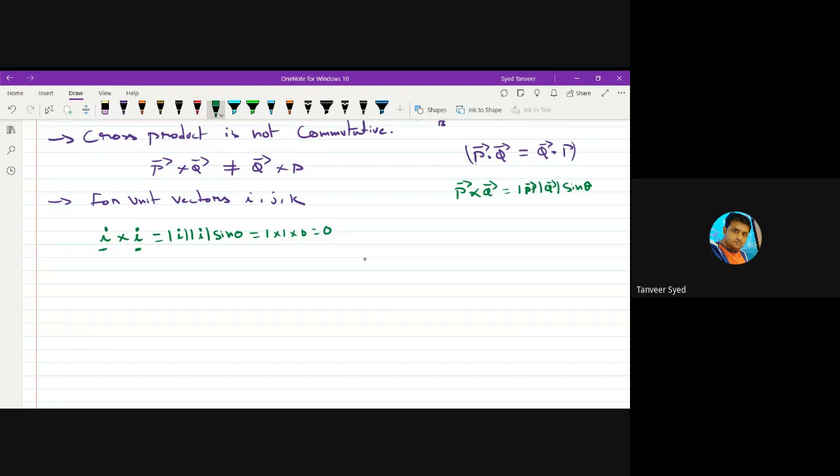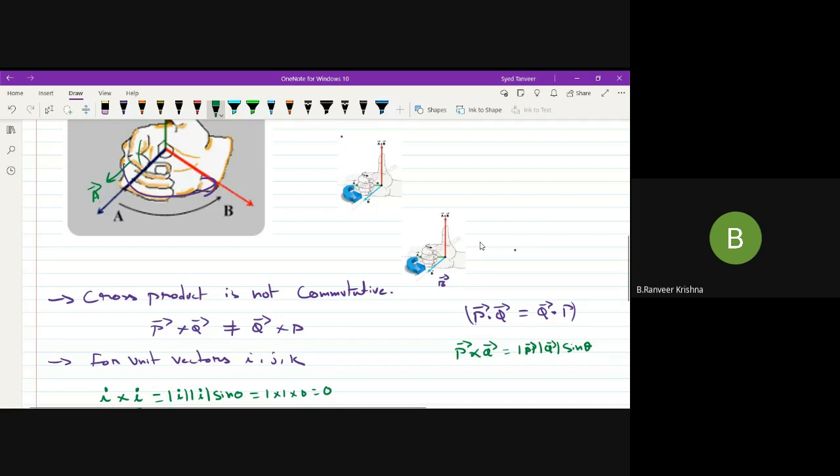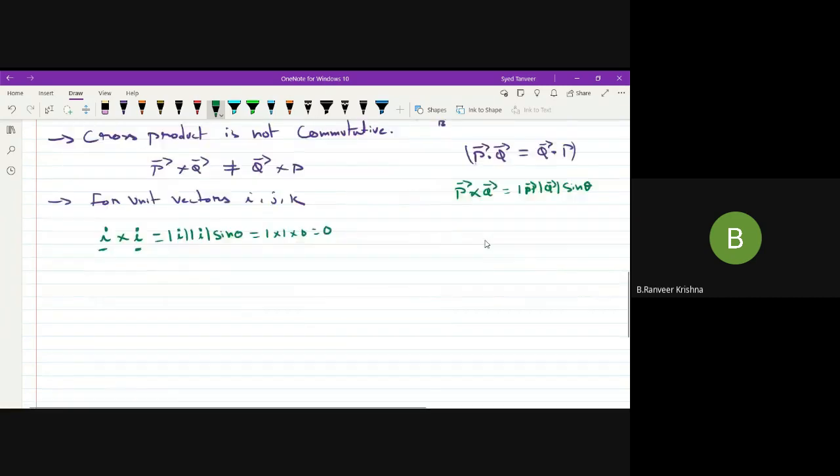So I cross I is 0, or in vector language you call it a null vector. If you remember, we define a null vector as a vector whose magnitude is 0 and direction is indeterminate. So this is one example where we can use that null vector to say that I cross I is a null vector.